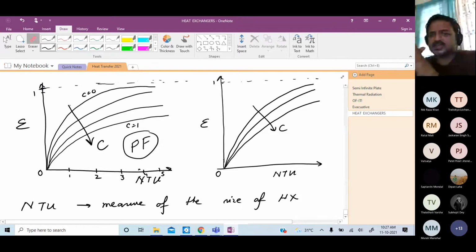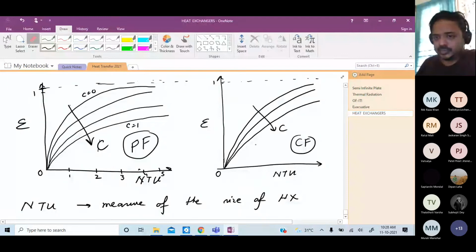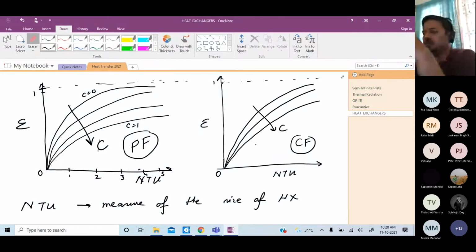And as we see between parallel flow and counter flow, for a given NTU, the effectiveness for parallel flow is lower, that of counter flow is higher. So that's why we say the counter flow heat exchangers are more compact.